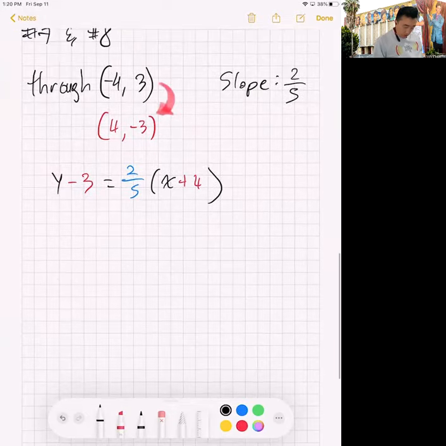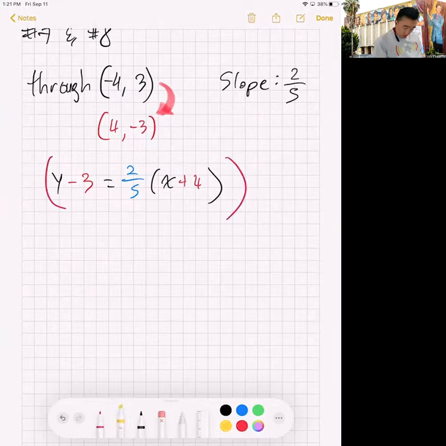So now what do we do? Well, if you looked at the last video, I told you guys to distribute whatever the denominator is. So in this case, the denominator is 5. So I'm going to distribute 5 to the y, to the 3, and to the fraction. Nothing else. You stop right there.